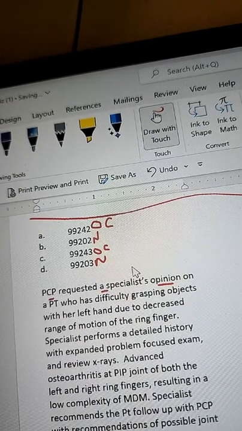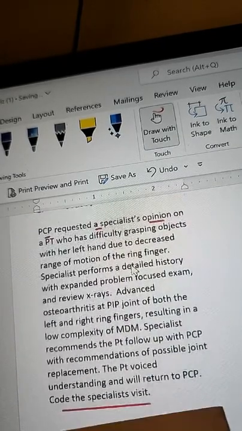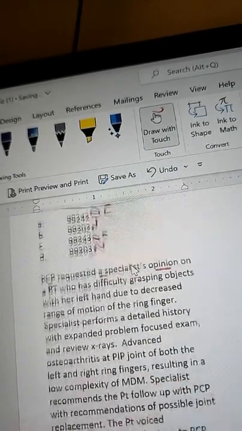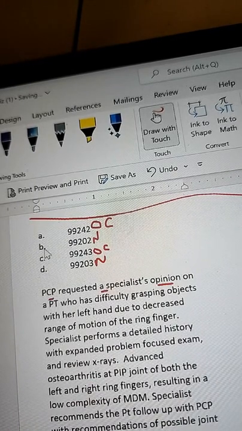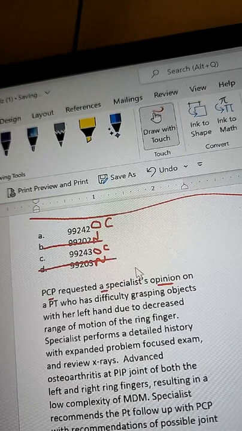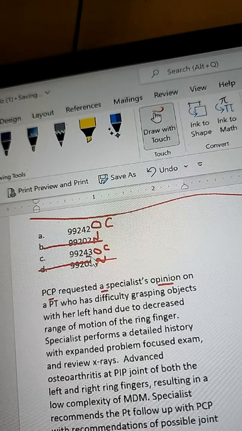And I believe all of you guys said y'all were on the same page with the consult code, right? So we're going to get rid of our new patient. So now we just need to know our difference between the 42 and the 43.